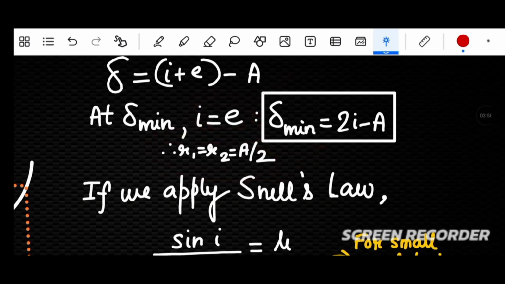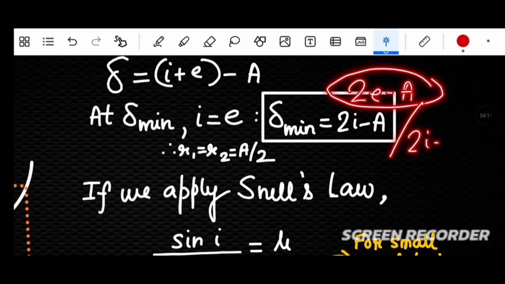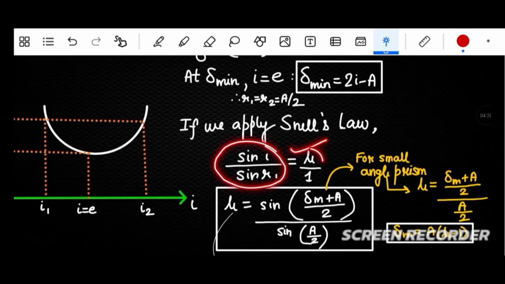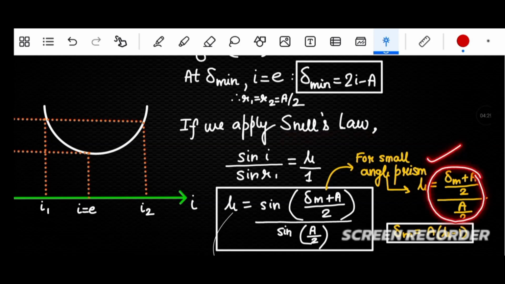So I equal to E and minimum deviation will be 2I minus A, because I equal to E. Here if we put I equal to E, we can write 2E minus A, or 2I minus A. If we apply Snell's law, sin I by sin R1 equal to mu by 1, because sin I by sin R equal to refractive index, that is Snell's law. For small angle prism, mu equal to (deviation minimum plus A) by 2 divided by A by 2.